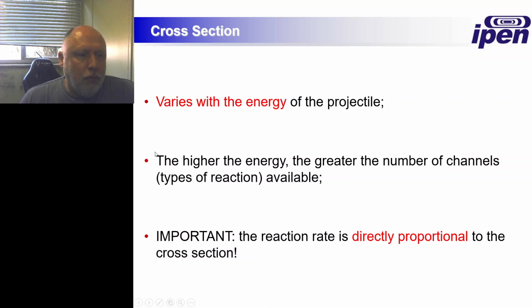So for higher energies, we have more possible reactions. So the higher the energy, the greater the dispersion of what you can have happening there. And once again, just reinforcing that the reaction rate, meaning the number of reactions that happen per second, is directly proportional to the cross-section.